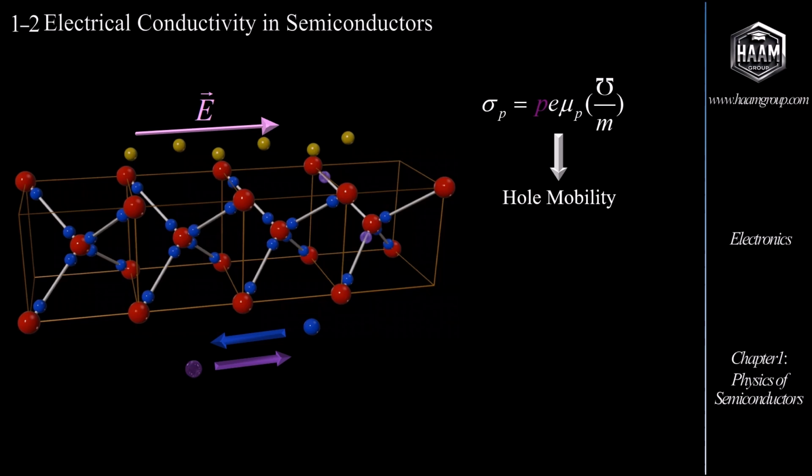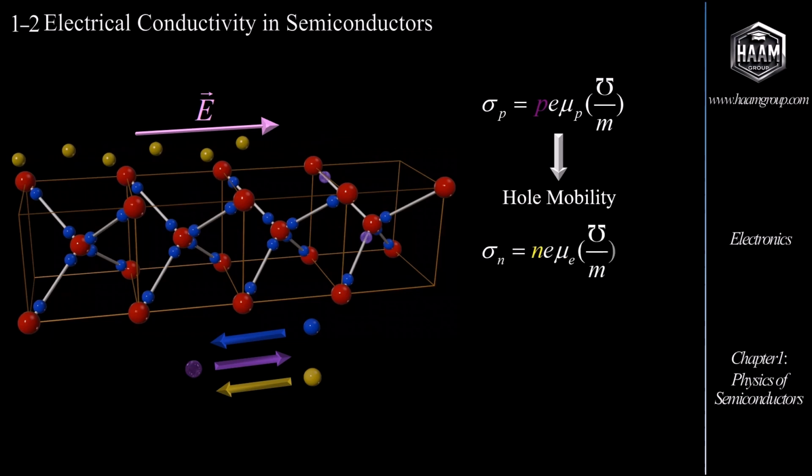They also move, but opposite to the direction of the field. So we also have a conductivity arising from the motion of free electrons, denoted sigma sub n, equals n e mu sub e, where mu sub e is the electron mobility.